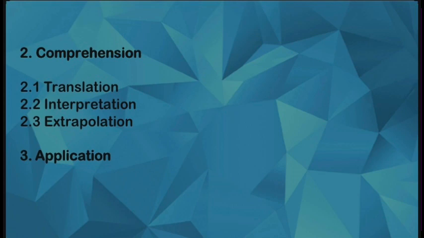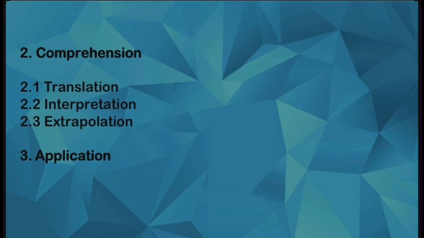Number 2.2 is interpretation. This subcategory focuses on understanding and explaining the meaning of information. Number 2.3 is extrapolation. This subcategory involves extending and applying information in new situations or contexts.